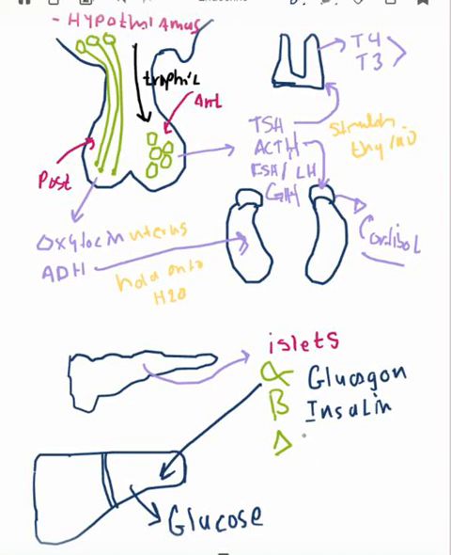And then the delta cells actually secrete another kind of hormone called somatostatin, which is somewhat similar to growth hormone.